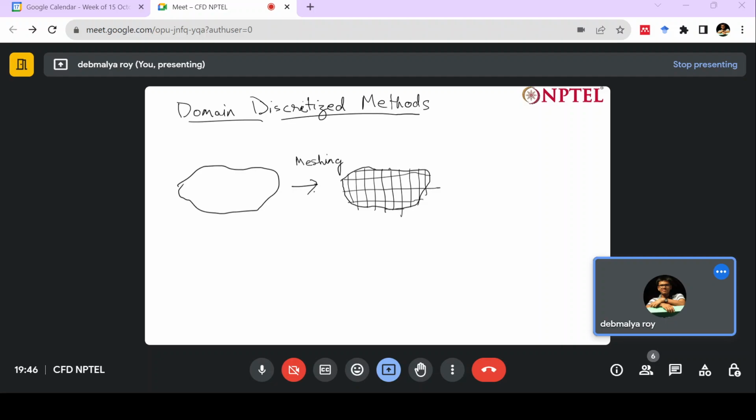So if you divide this and then solve for each small element or domain or whatever you may say. Control volume if you are doing the finite volume method. So it's a small element slash control volume.